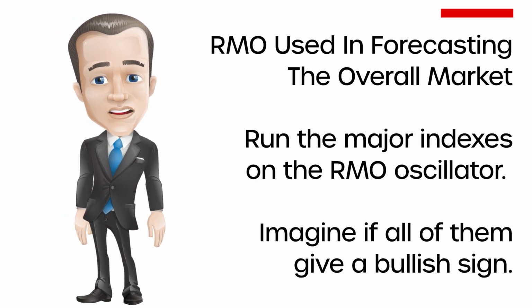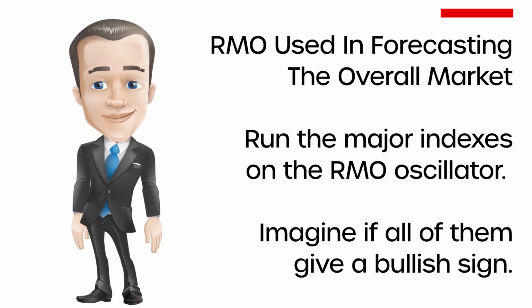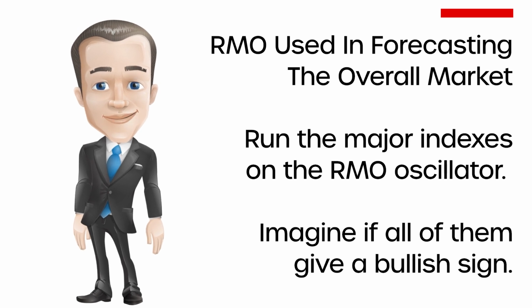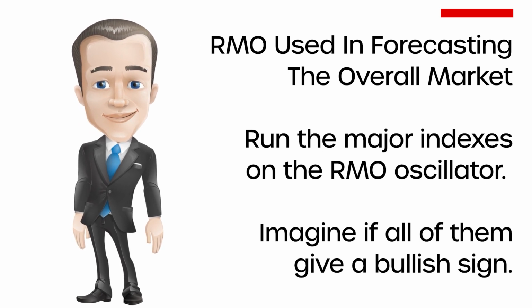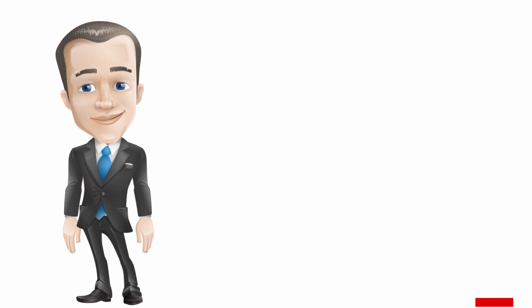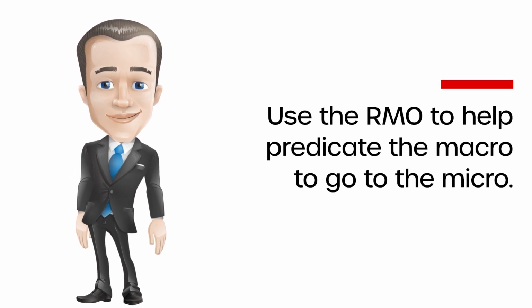Would that not give a good sign of the overall health of the market? Imagine if all of them were bearish. Would that not tell you that any individual stocks you would be picking would not be a good play? All I did was figure out the macro to go down into the micro.